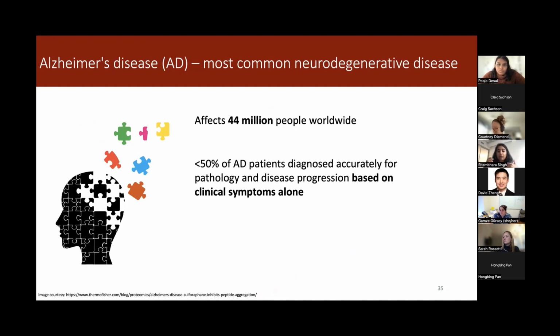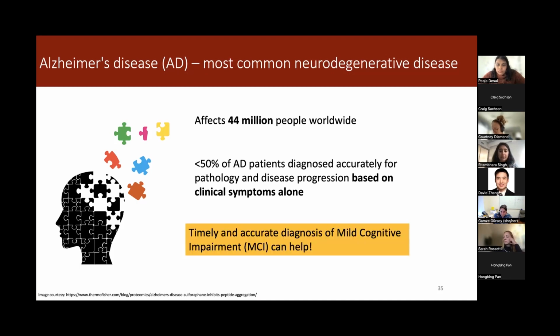So all the treatment is more preventative and also focused on delaying the onset of severe symptoms. And so this condition known as mild cognitive impairment, which shows up before the actual Alzheimer's disease diagnosis, is very important to diagnose accurately and timely.